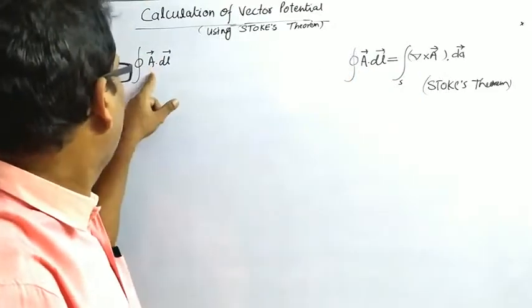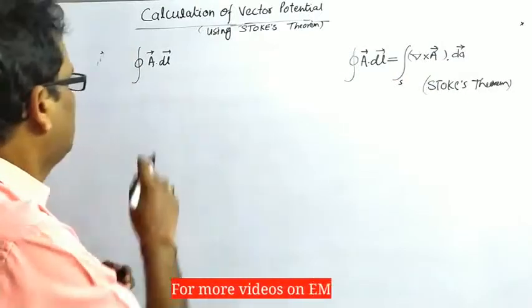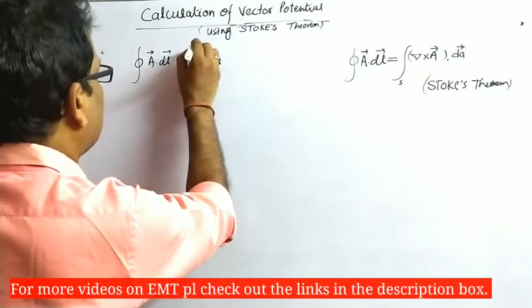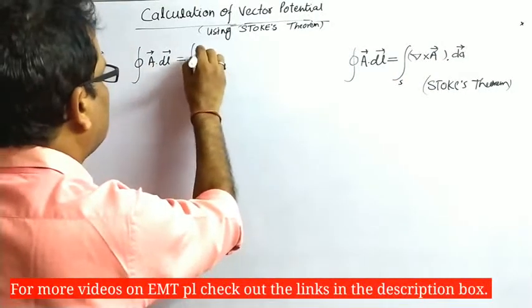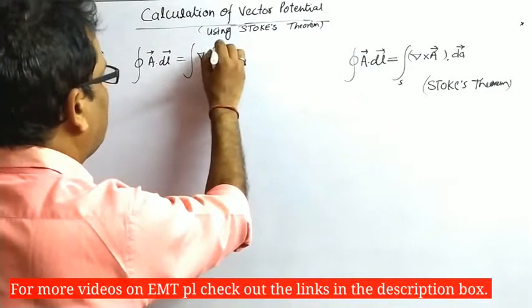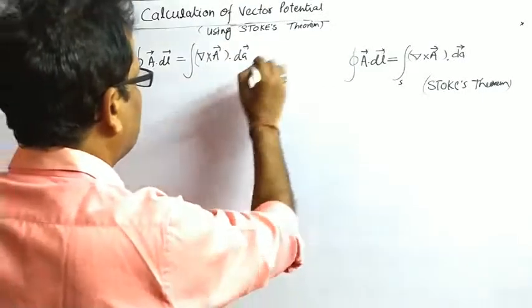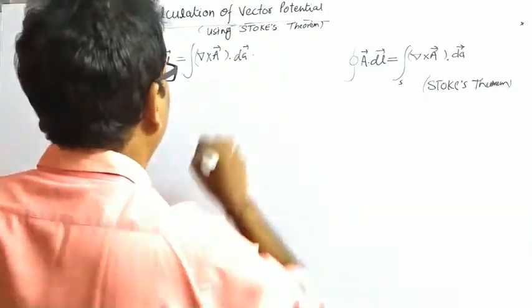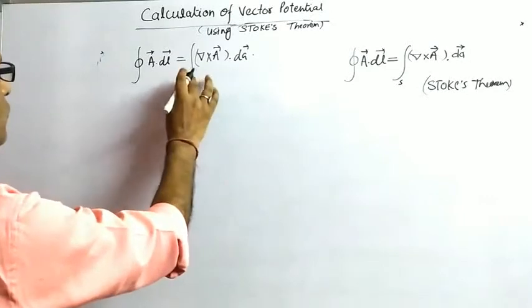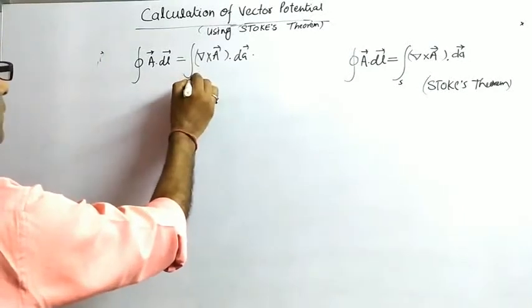So in place of A dot dl, I am going to use curl of A dot dA, through this area A. I put a surface area.